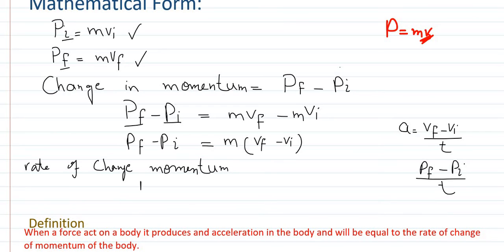That will be equal to Pf minus Pi divided by t, which is equal to m(vf minus vi) divided by t. I am dividing by t on both sides because I want to take the rate of change of momentum, meaning how much time it takes to change this momentum.